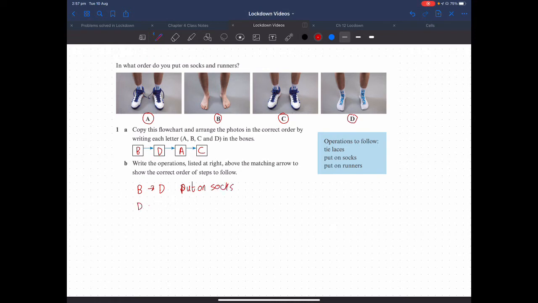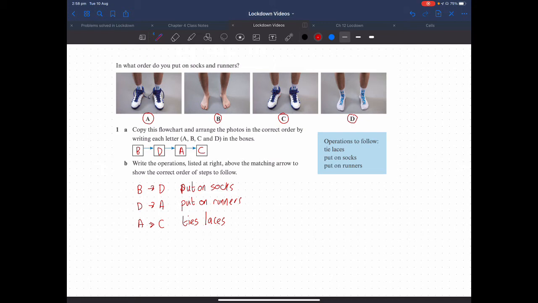D to A. D, we went from having socks on and then putting our runners on. So we're now going to put on runners. Then from A to C, the laces were tied up, so tie laces.